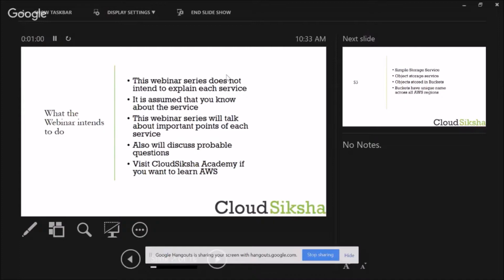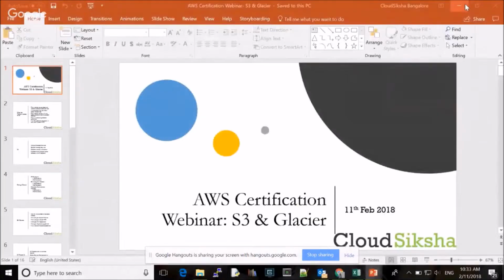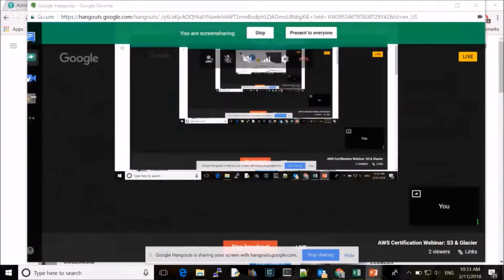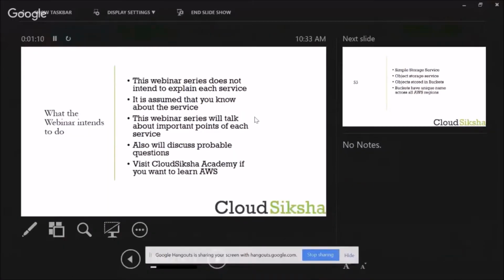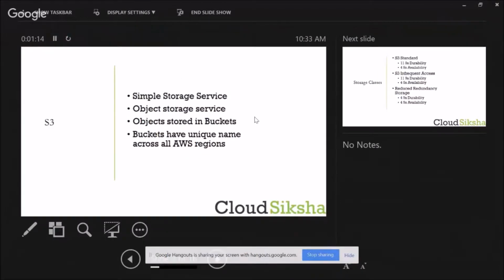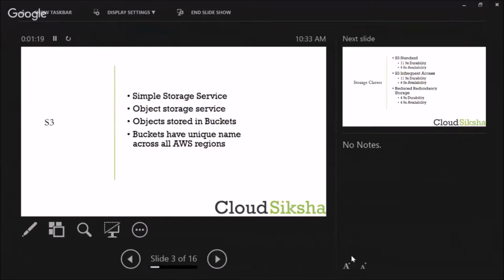So today's session is going to be on S3, and we will be seeing what is S3 and how this is used. S3, as the name indicates here, is called a simple storage service. This was one of the earliest services that Amazon had introduced.